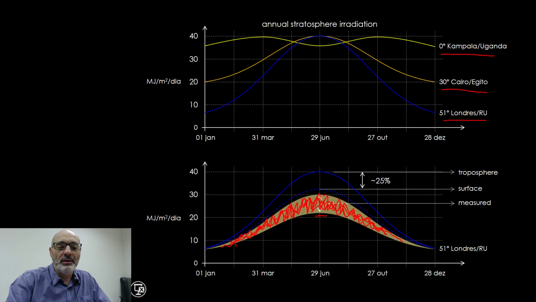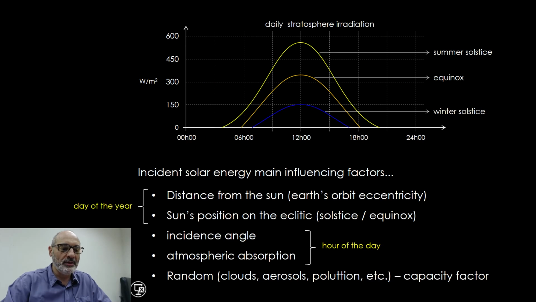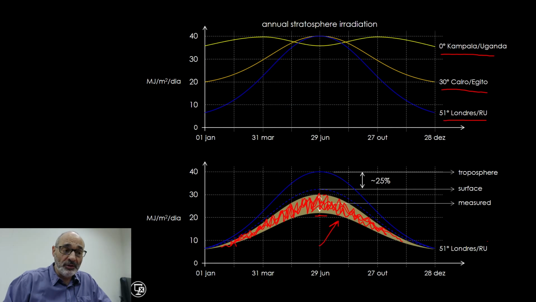These curves here we're going to calculate in a few moments. Okay, we're going to have formulas to calculate this. This effect here, the effect of clouds and dust and so on, we're going to assess this through our capacity factor. We're going to set a capacity factor in order to assess this.